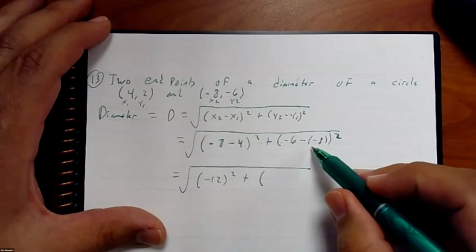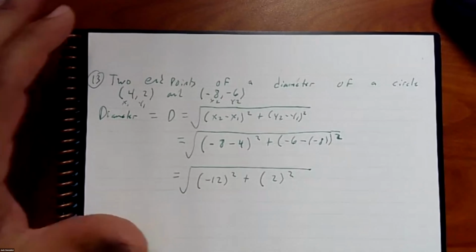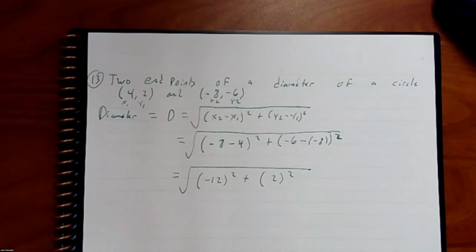Then it'll be +8, right? -6 +8. So that would be 144 plus 4, right?